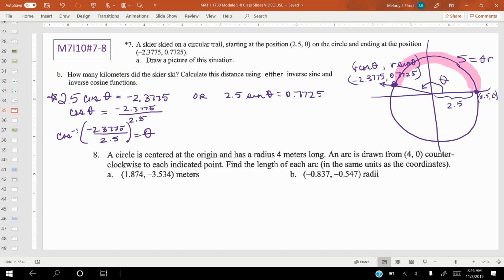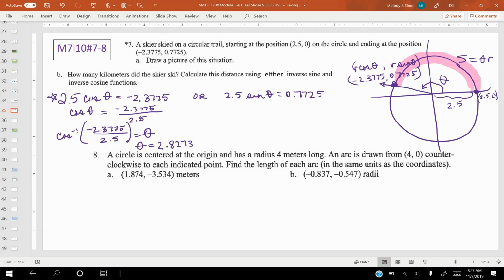Okay, so that gave me theta is 2.8273. Now that's part of the way there.